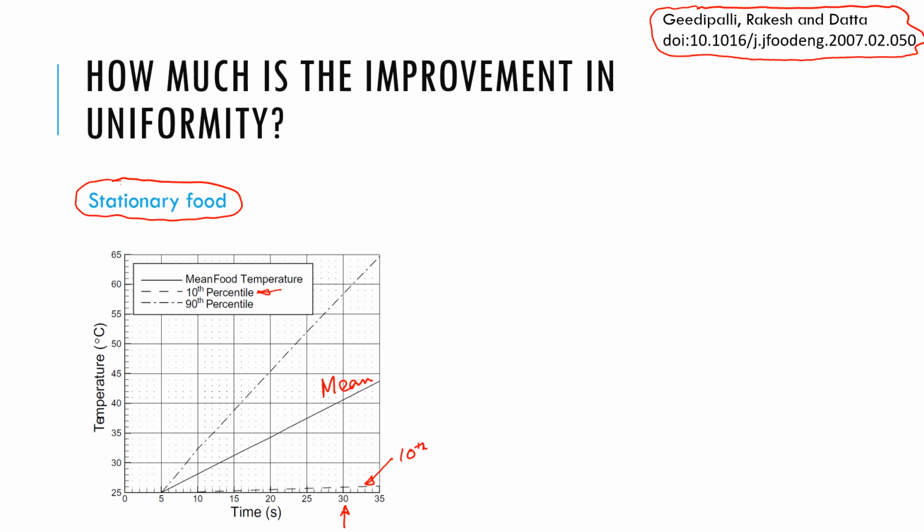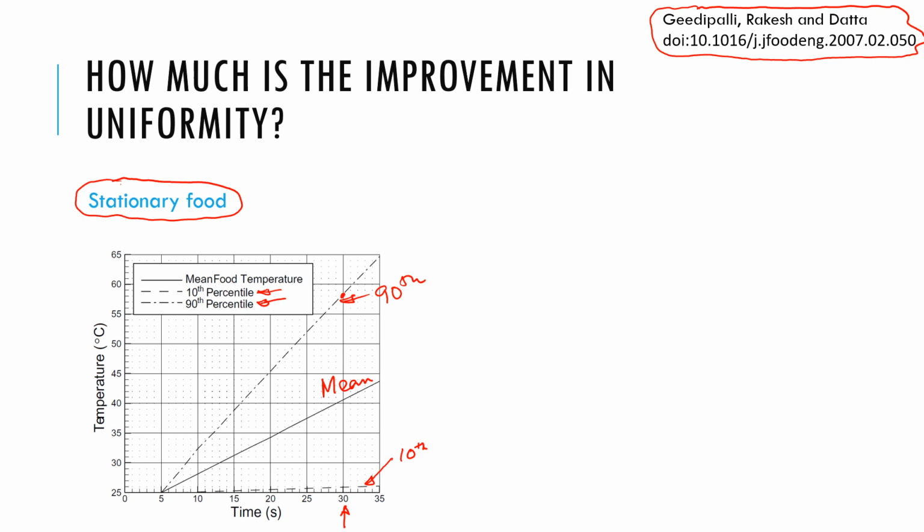Likewise, the other line, this one is the 90th percentile, and the meaning of it is 10% of all the temperatures are above this value.